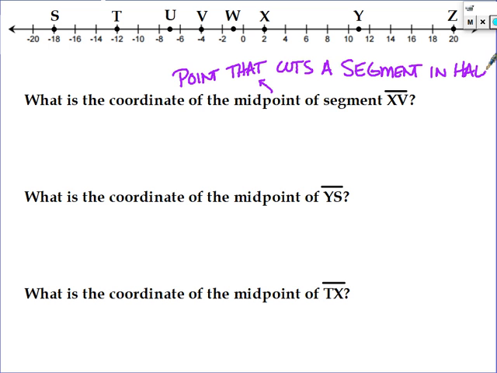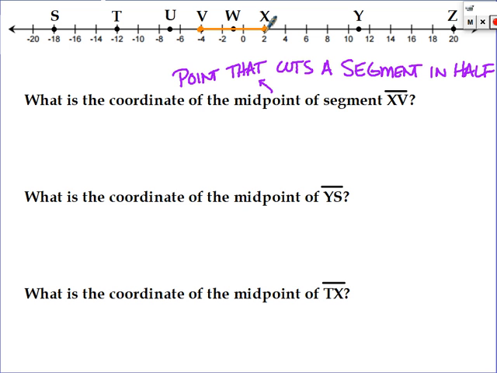So I just want to find the middle of the segment. So X to V. So here I am from X to V. There's my segment. I want to find the middle.